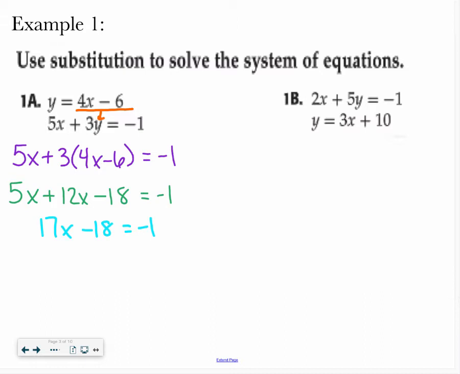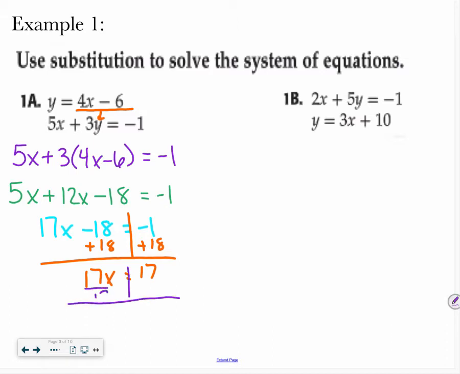And then I can tee it up. I can start moving things to the other side of the equal sign. So I want to get x by itself, so I'm going to move that 18. So I have 17x equals -1 plus 18 is 17. Okay. So if I tee it up again, I divide both sides by 17, and I have x equals 1.